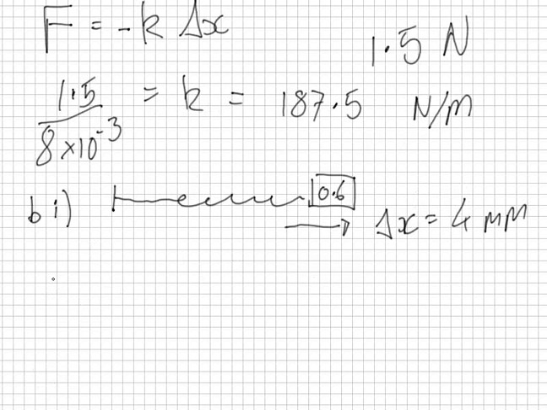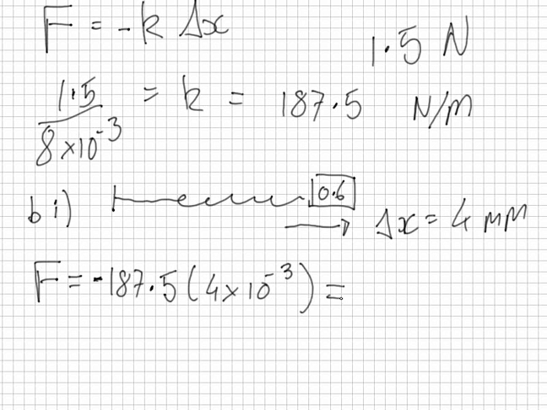How much force is bringing it to the left? I know he's not asking for it, but I'm just going to do it anyways, just so you can see it. So the force equals K, and it's a minus because it's going to the left, times delta X. So can somebody type that in, please, and tell me what you get?